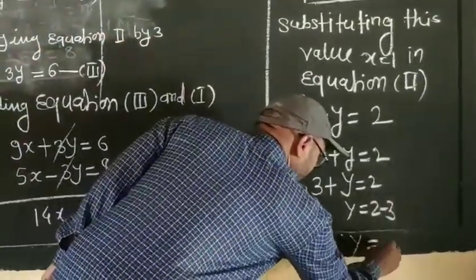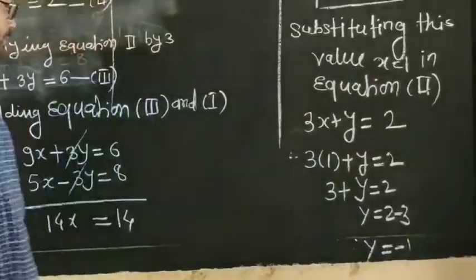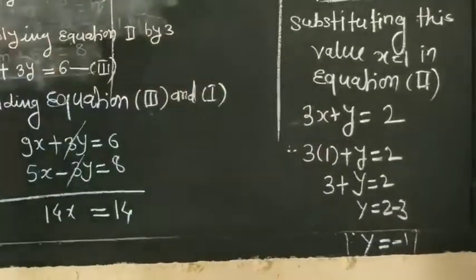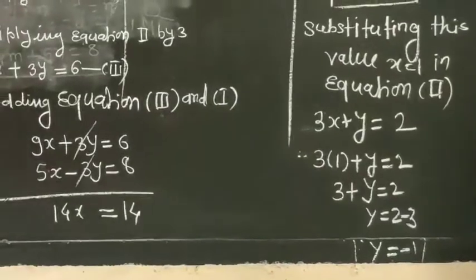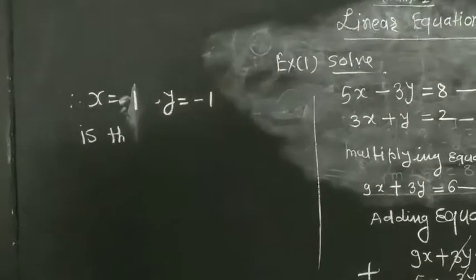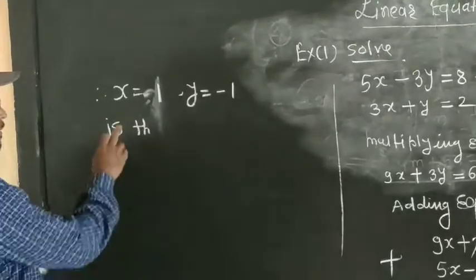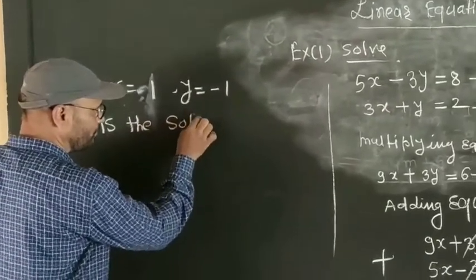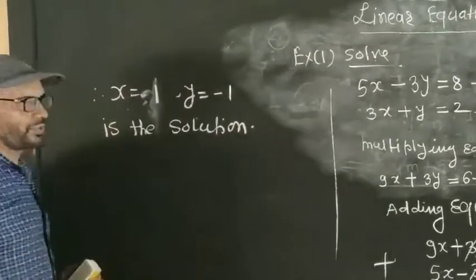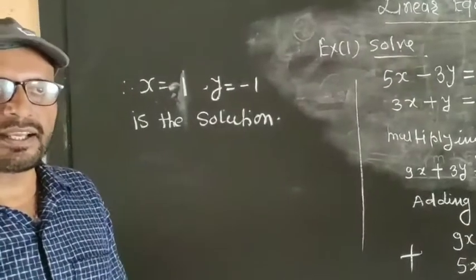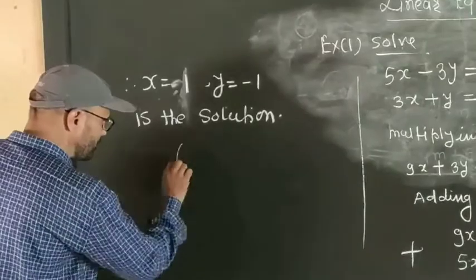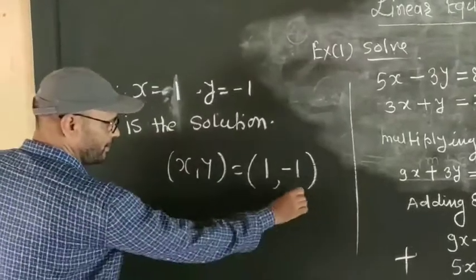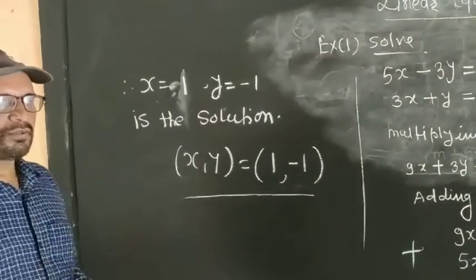Therefore, y = -1. And this is the solution of the given equations. Therefore, x = 1 and y = -1 is the solution of the given two simultaneous equations. We can also write this as (x, y) = (1, -1). So this type of example we can solve.